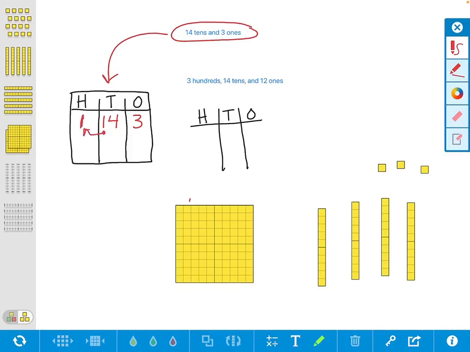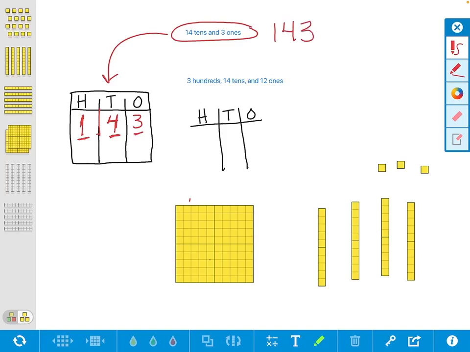So I could move that over here and get rid of that right there. Now I can see even more clearly what 14 tens actually looks like. 14 tens actually is 1 hundred and 4 tens, okay? And then there's the 3 ones. My answer to this riddle would be 143.